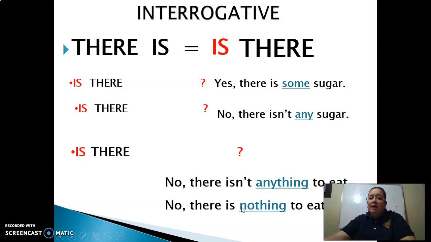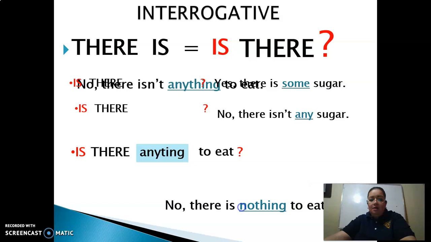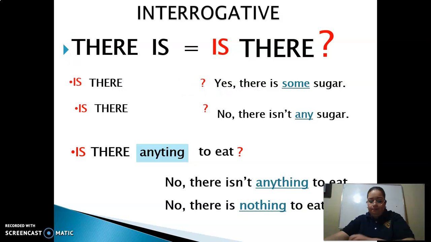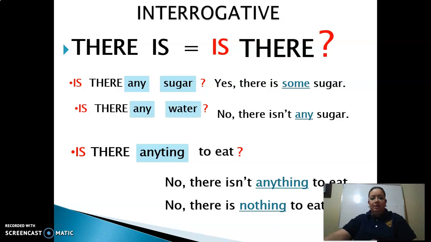We have as well an interrogative form in there, yes? Okay, there is interrogative form. How can I make questions with there is?